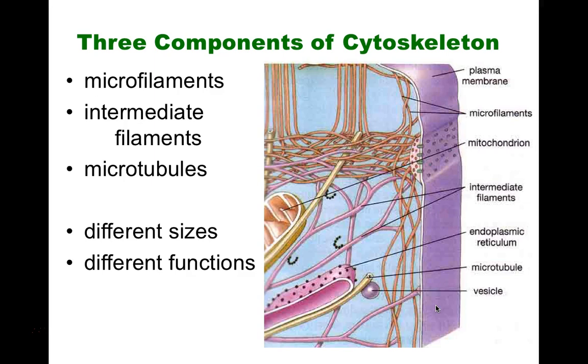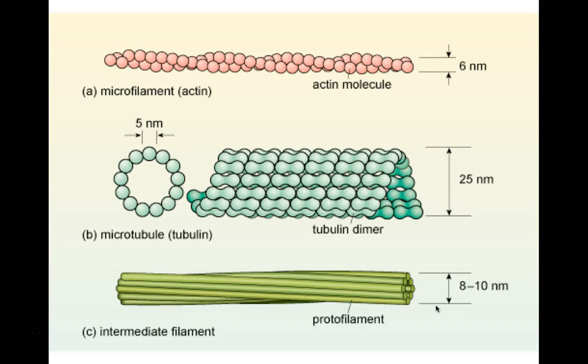As we see in the illustration on this slide, you can see a complex network of filaments and tubules forming the cytoskeleton of this example cell. Microfilaments are composed of a protein called actin. Actin is illustrated in this drawing as little spheres.